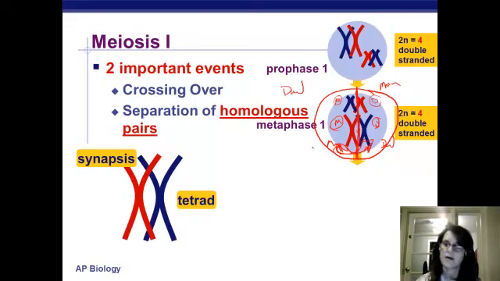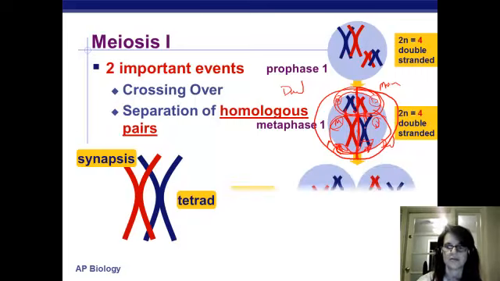Because of that, and because the same is true for this pair up here, we can get different combinations of traits just because these chromosomes are not glued to each other and they don't have to line up in this arrangement every time. When we are going through meiosis, these can align any way they want in different cells.